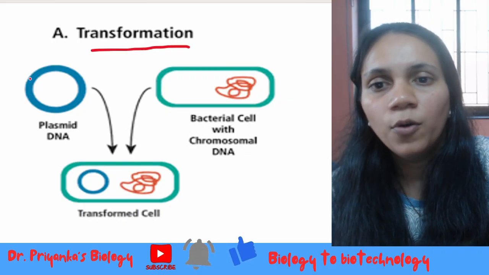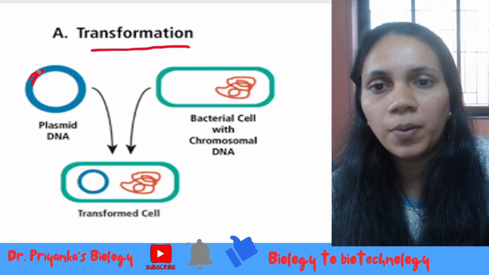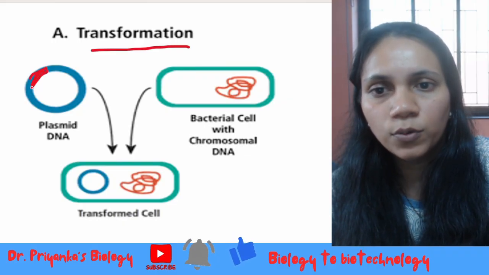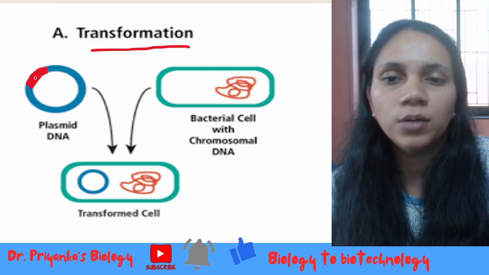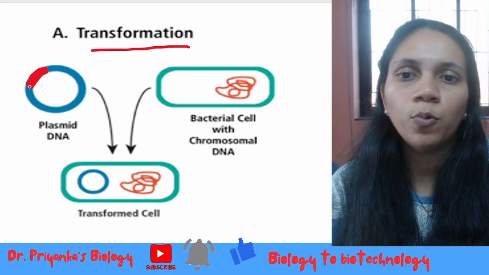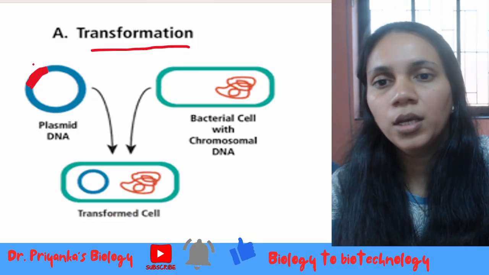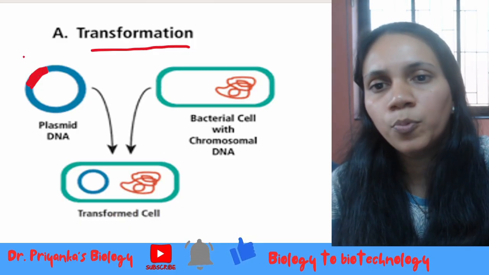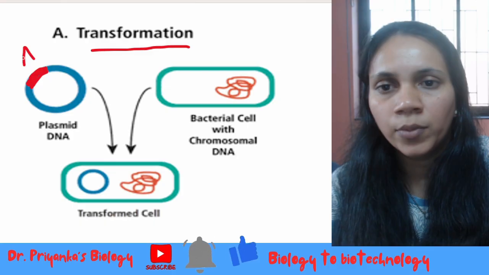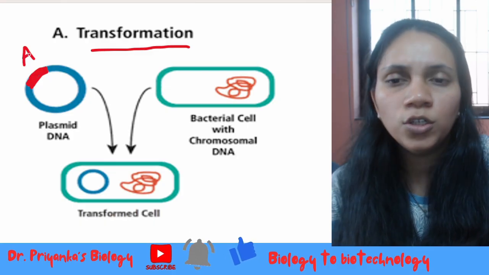Here we have taken the example of just a plasmid. But we all know that a plasmid is a vehicle which will carry a passenger, and here the passenger is in the form of some gene. Suppose this red portion is producing some protein called protein A, which has some commercial use.